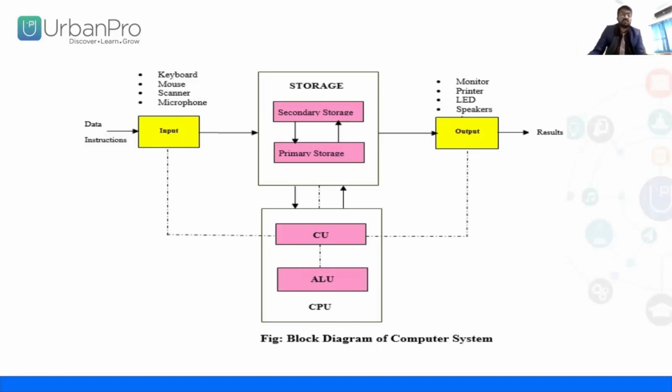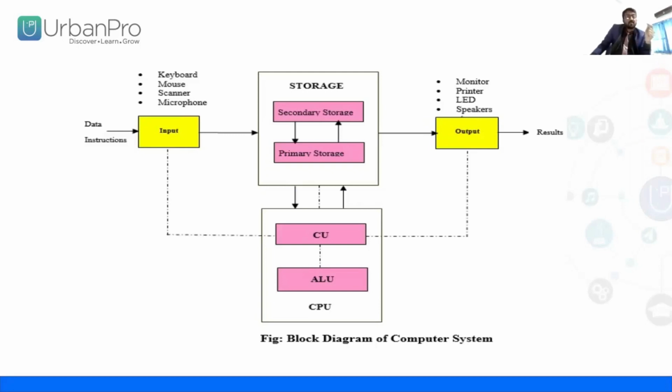So let's see the functional details of the block diagram of a computer system. Let's take the example of a program. A program is nothing but a set of instructions. Let me say the input devices are keyboard, mouse, scanner, microphone, and the output devices are monitor, printer, LED, and speakers.